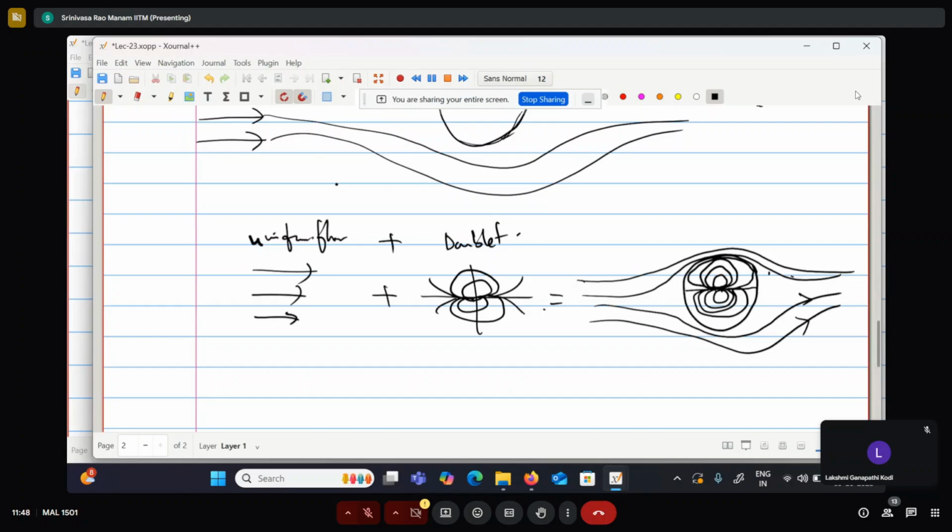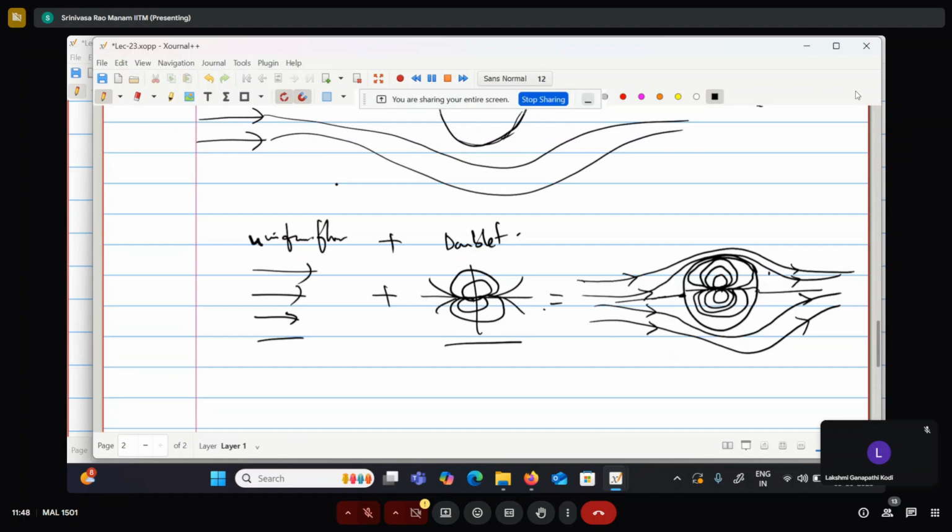So we will actually get this. You see there are some stagnation points: this is one, this is one, and this is one. The flow is not penetrating the circle. The flow outside this circle and inside the circle are two different things, which we constructed by putting a doublet and uniform flow.